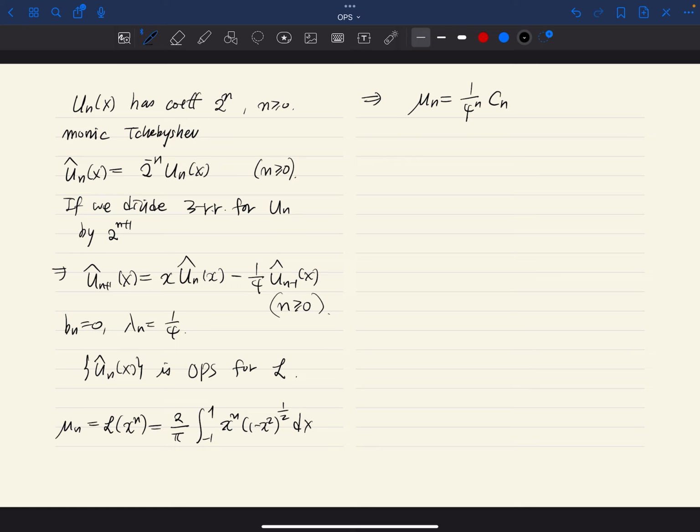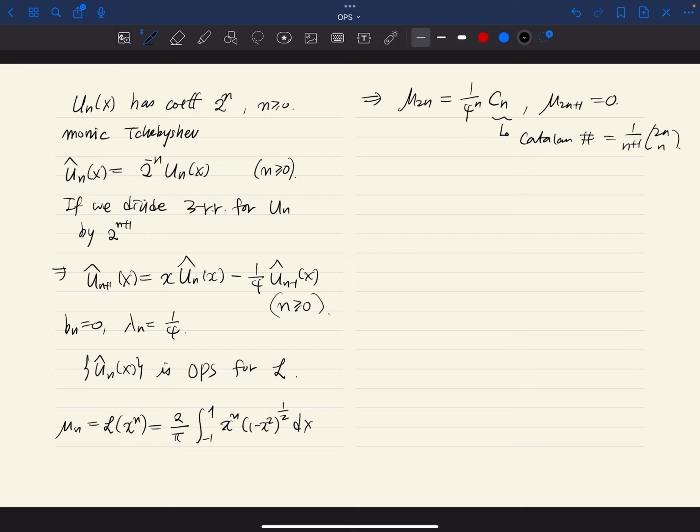The even moment is non-zero, but the odd moment must be 0, because if n is odd, it's an odd function, so it's going to be 0. Where this is the Catalan number, which is this. This can be proved using just calculus.